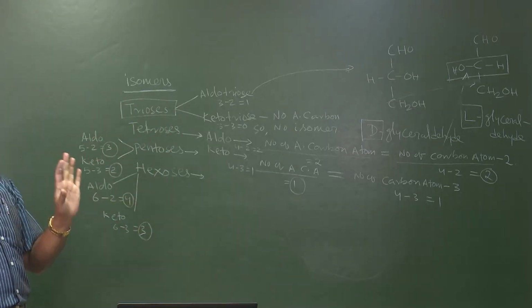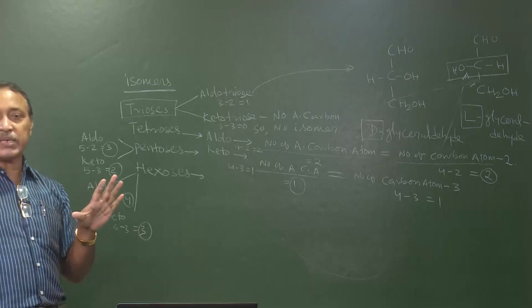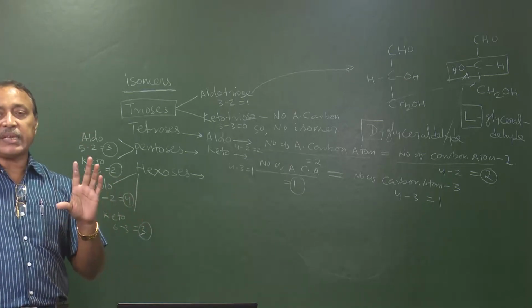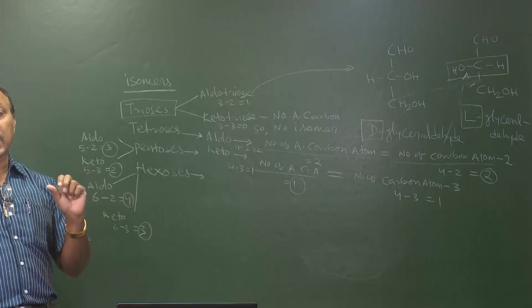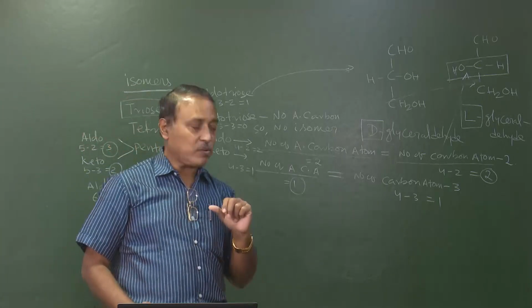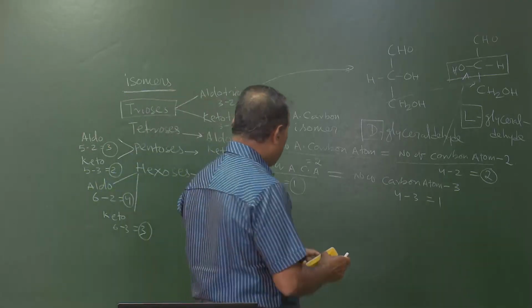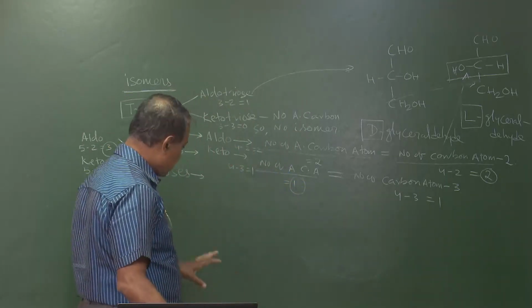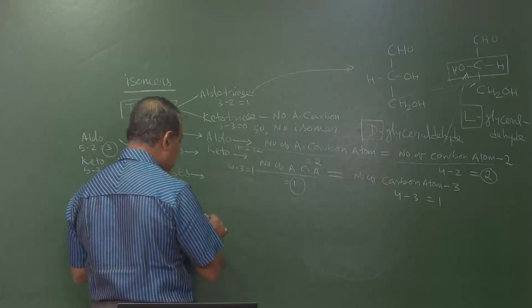Now once we have learned the number of asymmetric carbon atoms, the next task is how many isomers are going to be formed. How to find it out? We can find out in a very simple manner.